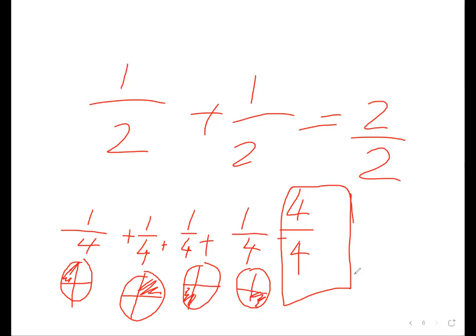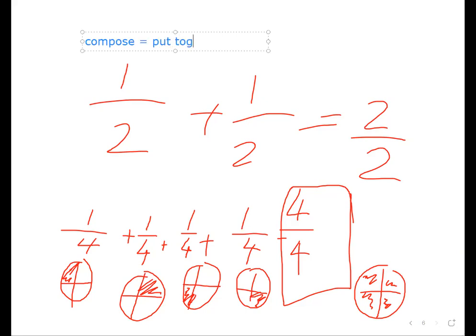Look at the end. That means the whole circle. That's what I call compose. Put them together. So the word compose means what? Put together. Easy? And that's all for today.